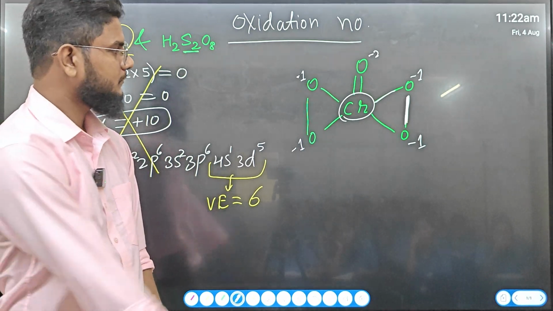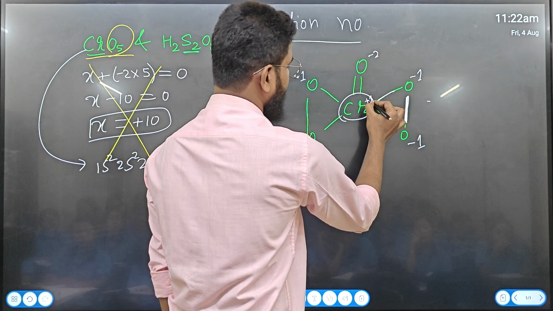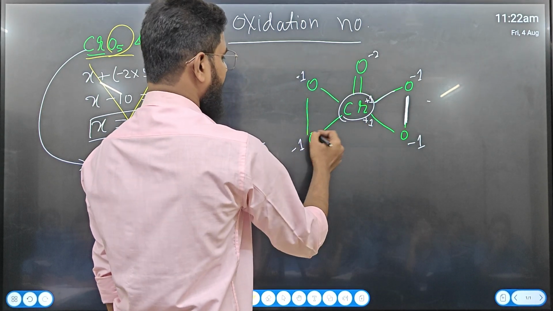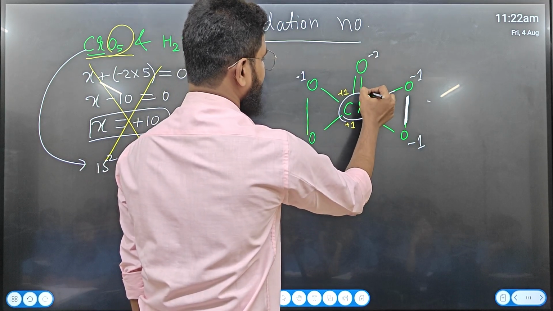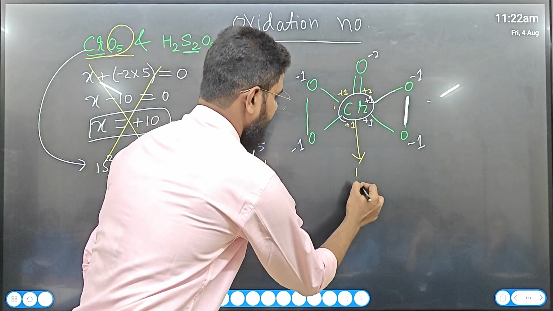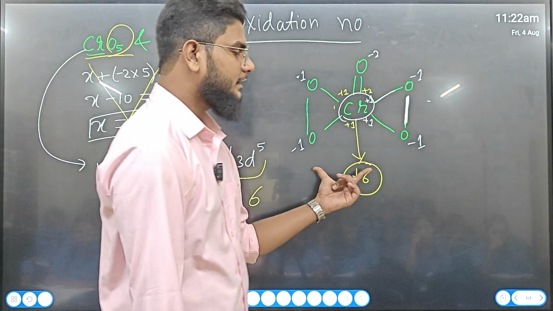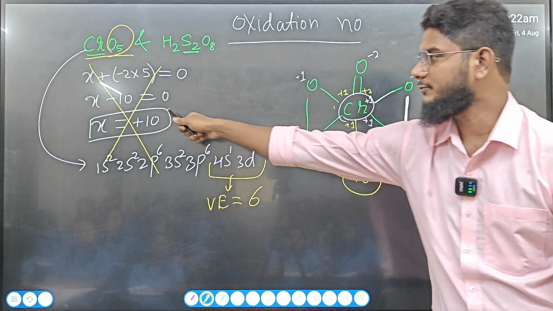The metal will have just the opposite. If it is -1, it will have +1, -1, +1, -1, +1, +1, and from this side +2. In total you are getting +6. So this is the actual oxidation state of chromium, not the previous one.